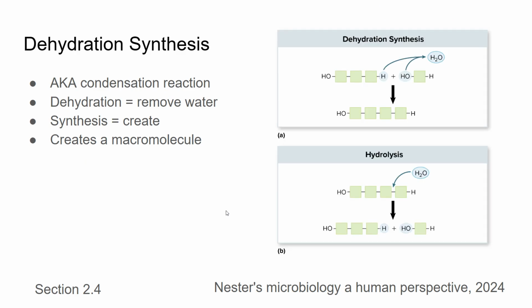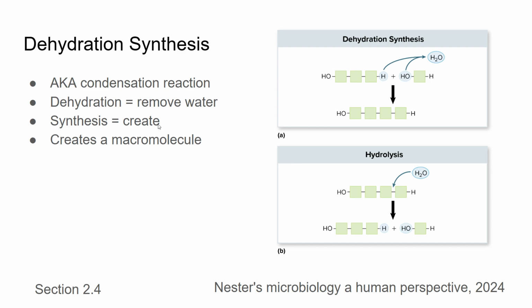So first, let's talk about how polymerization can occur. This is through a chemical reaction called dehydration synthesis. So it's also been called a condensation reaction, but they essentially mean the same thing. I prefer to use dehydration synthesis because once you break it down, it's easier to understand. So when we look at dehydration, if you know what it means to dehydrate, that means to not have water or remove water. And synthesis means to create.